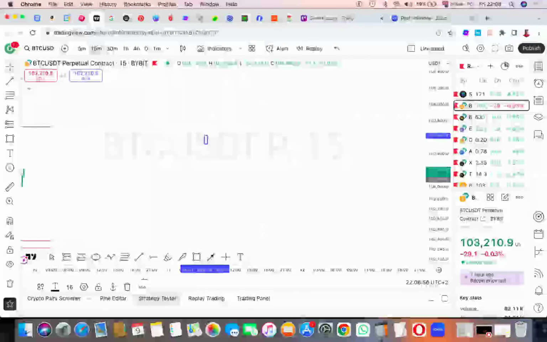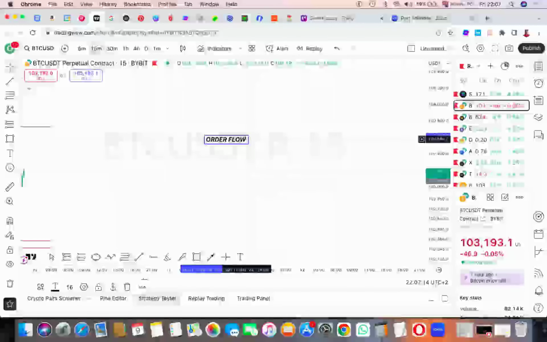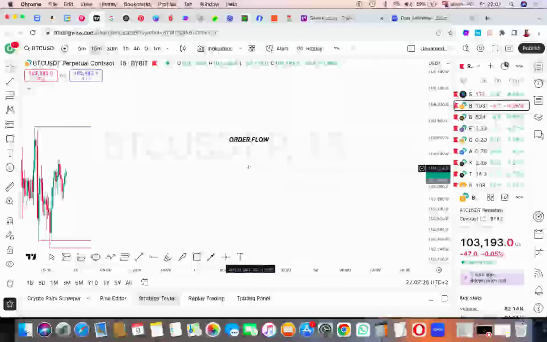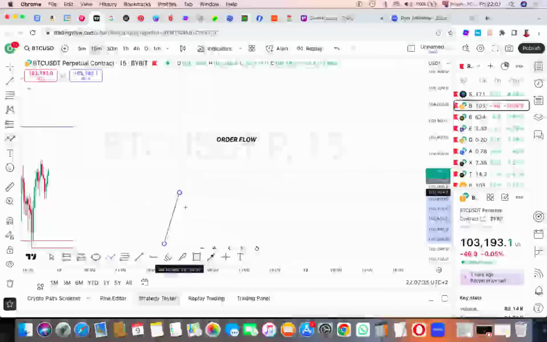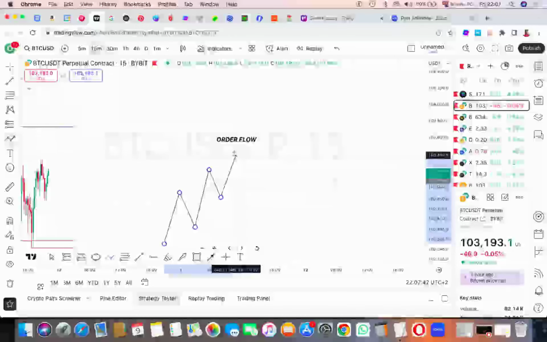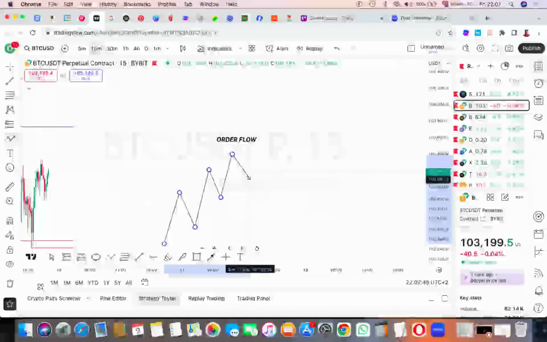We want to be able to define market order flow, and I also want to give a brief recap, because we talked about market structure, imbalance, fair value gap, a whole lot of things, and break of structure.